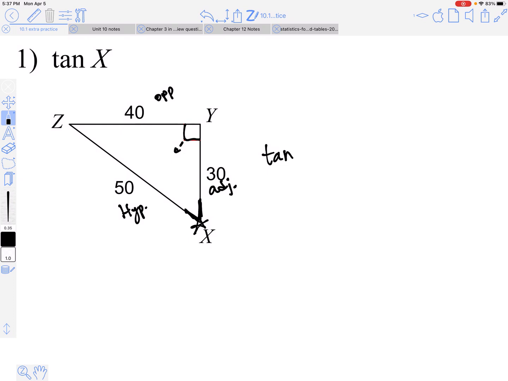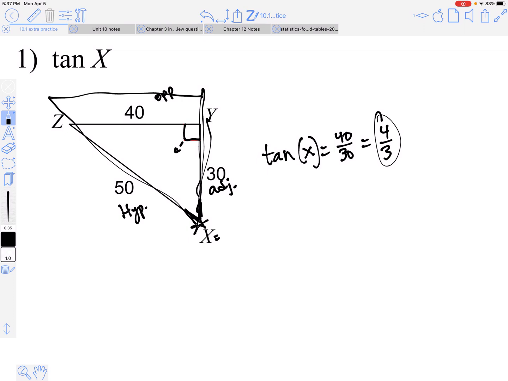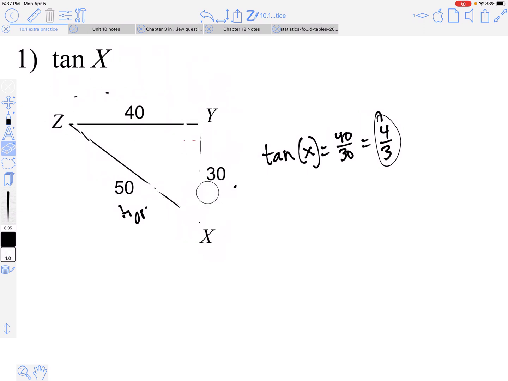Tangent, if you remember, SOHCAHTOA, T for tangent. Tangent of angle x will be the opposite over the adjacent, which simplifies down to 4/3. So that will always be the relationship, whatever the measurement is. Even if this triangle increases in size, that relationship of opposite over adjacent will still always be 4/3.